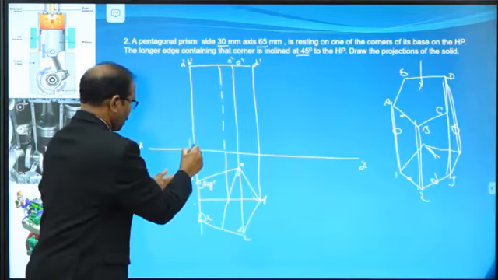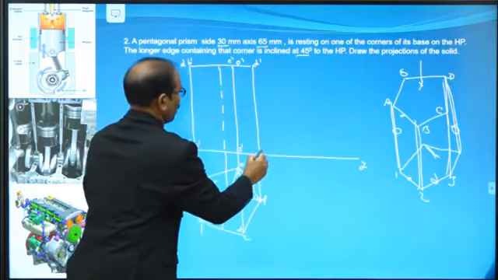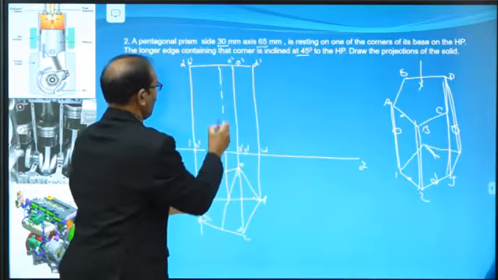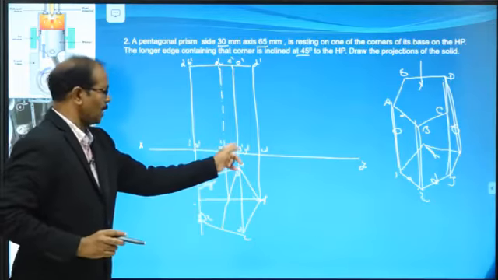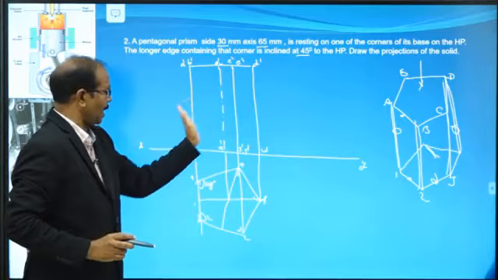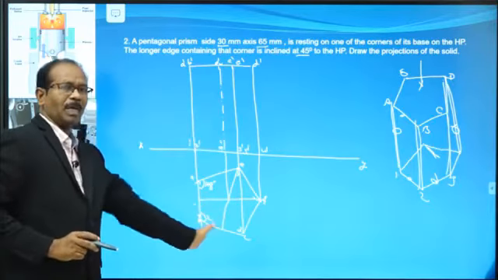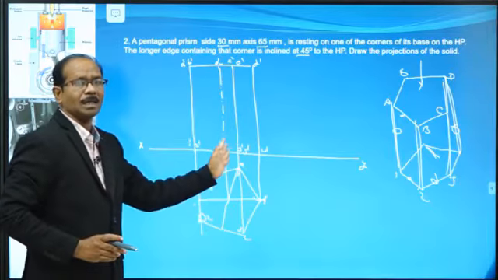Again 1 dash, 2 dash, 3 dash, 4 dash, 5 dash. O1 dash, O2 dash. Let us observe this one. O1 is not matching with the 3 and 5 line. There are 1, 2, 3, 4 lines here. A similar object will come in a hexagon; in a hexagon, this line will match with this line.